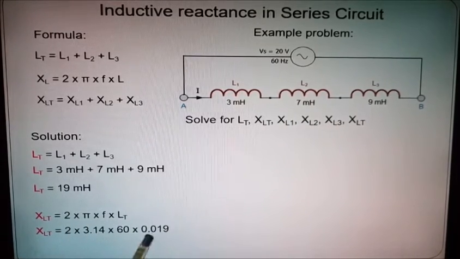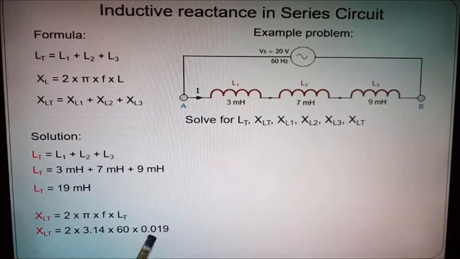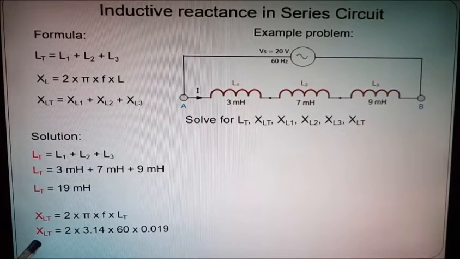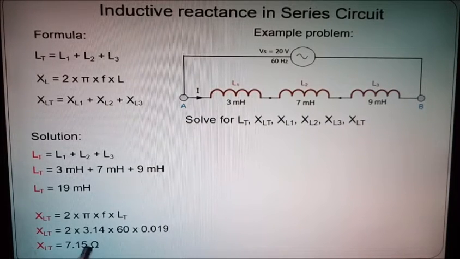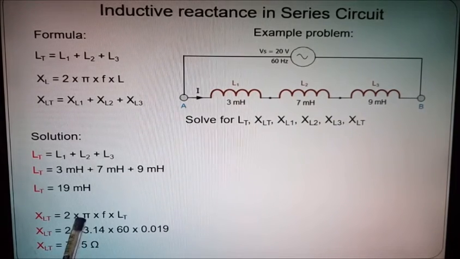So this value is in henry. 19 divided by 1000 is equal to 0.019. So the value of XLT is 7.15 ohms. Remember, guys, that the unit of XL is ohms.